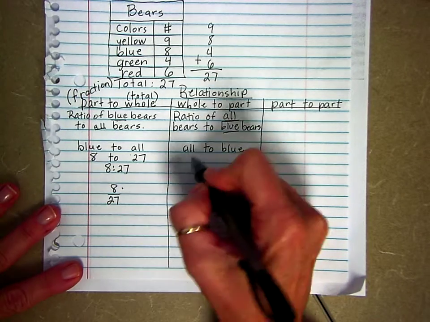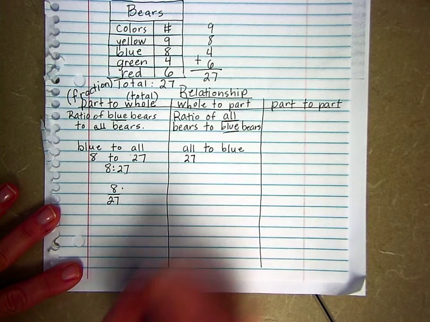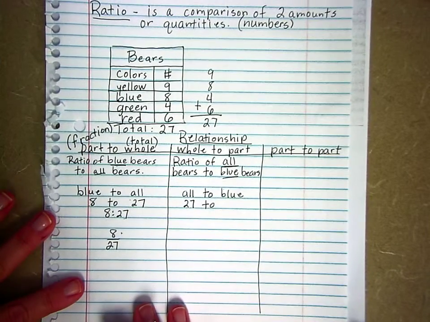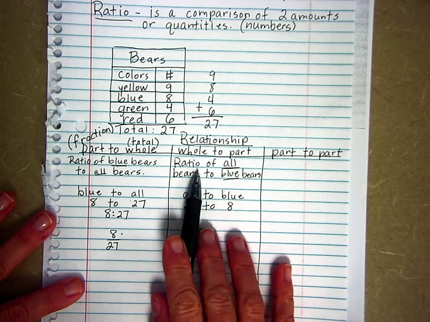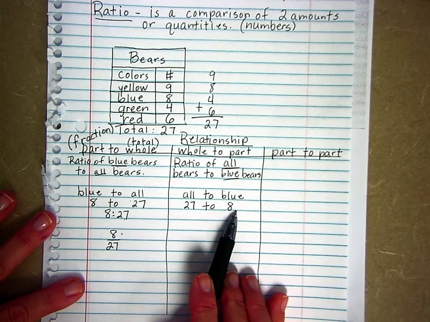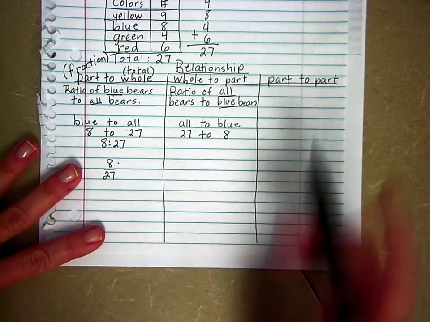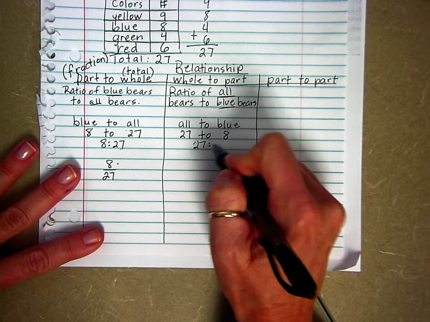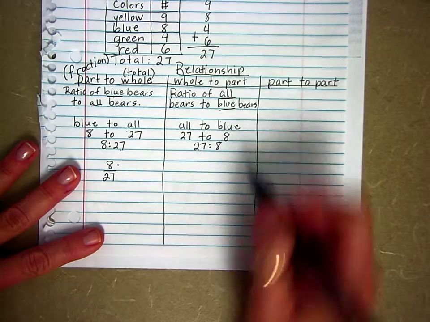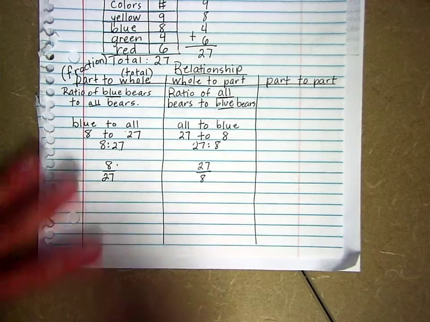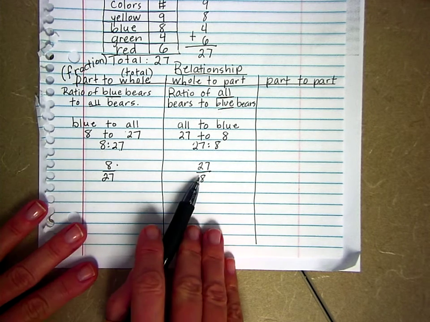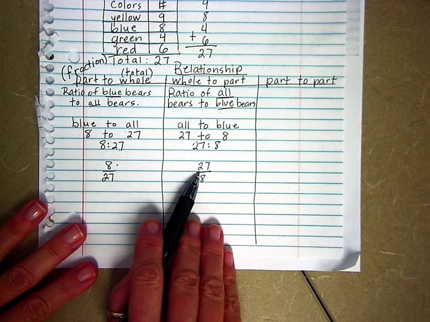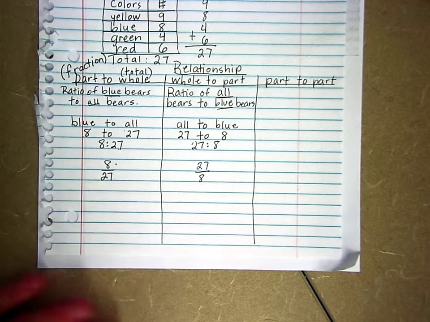All right, so there are 27 total bears and there are 8 blue. So you would literally write this ratio 27 to 8. And then you can also write it with a colon, 27 colon 8, or as a fraction-style ratio, 27 to 8. Now normally, when you see what you think is an improper fraction, you divide. But when you're talking about ratios, leave it. Leave it 27 to 8.